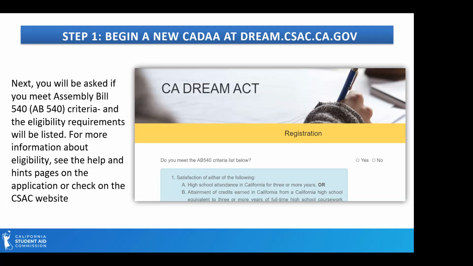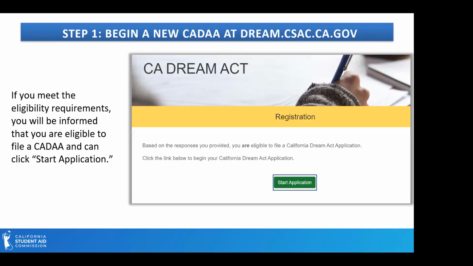If you want, again, additional information regarding eligibility, you can see the help and hints page on the application or check our website for more information. If you meet eligibility requirements, you will be informed that you are eligible, and then you can click Start Application.